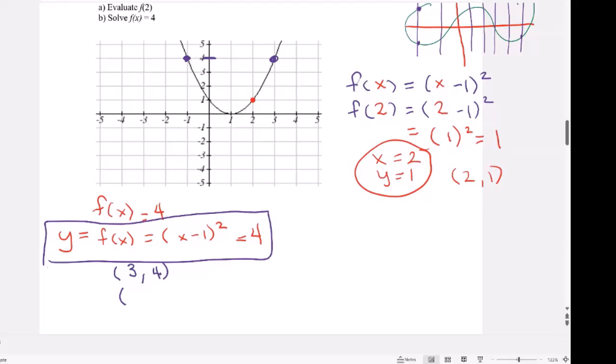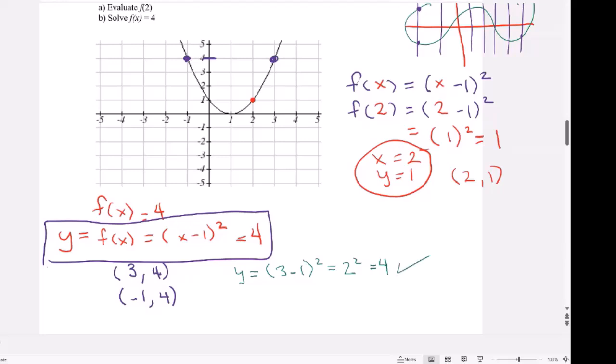And also when x equals -1, y equals 4. So I have two places that y equals 4, but it's still a function because I know when I plug in 3, out comes 4, and I know when I plug in -1, out comes 4. Let's just test this and see if it's true. So I have y equals 3 minus 1 squared, which equals 2 squared, which equals 4.